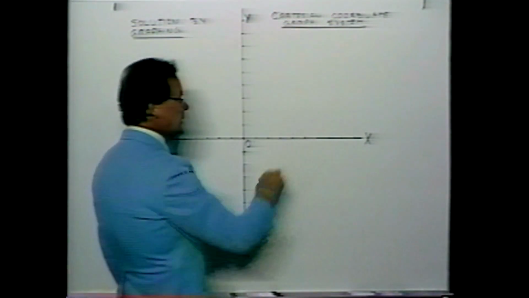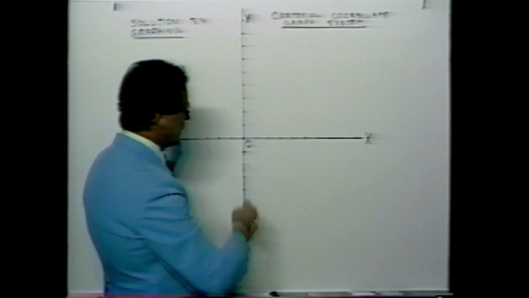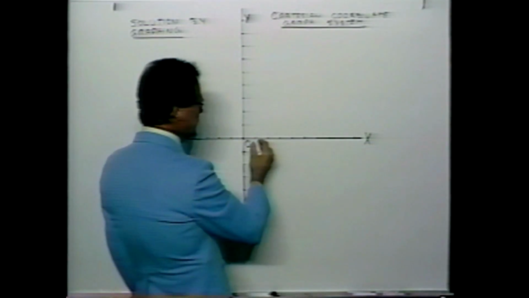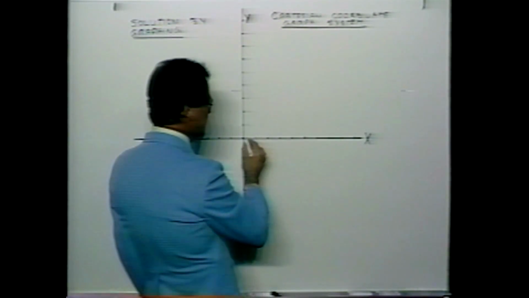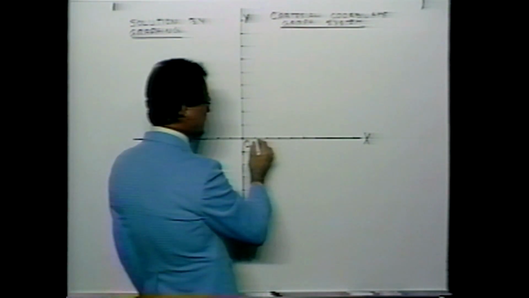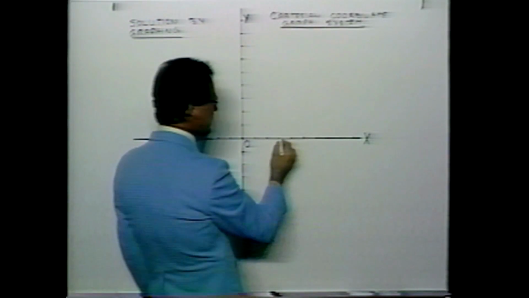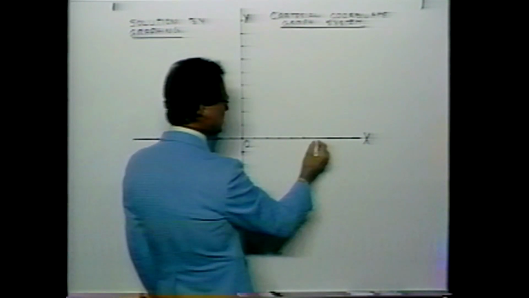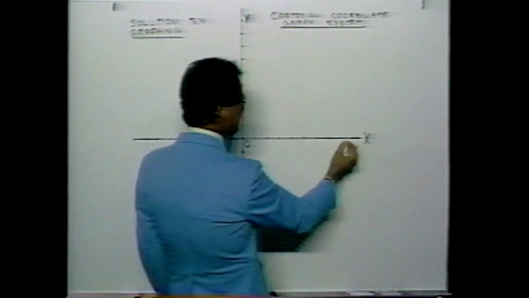Beginning with the x-axis, what you want to do is scale it by drawing vertical lines of equal intervals, as you see here.